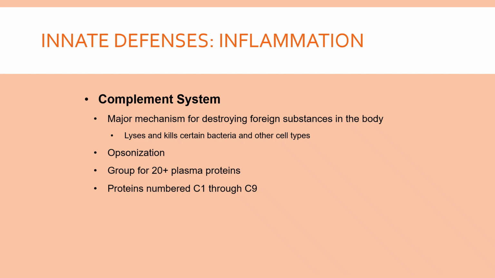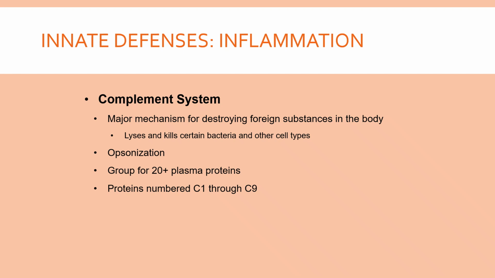Now, once activated, these proteins work together in a cascade of reactions to perform several different functions. First, they're going to help mark the pathogen for destruction through a process called opsonization, where they bind to the surface of the pathogens and make them easier for our immune cells to recognize so that they can take them down.